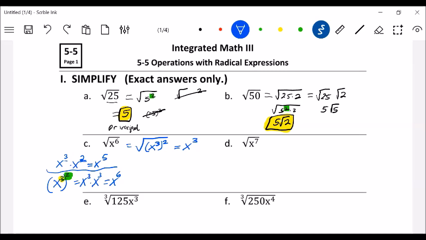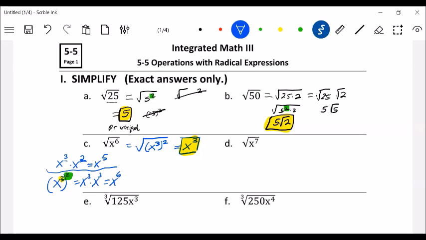So if that concept makes sense, then you can do a number of steps with this. In fact, you'll be able to easily take out exponents from inside a radical sign as long as you can raise it to the power of 2 or rewrite it to raise it to the power of 2.